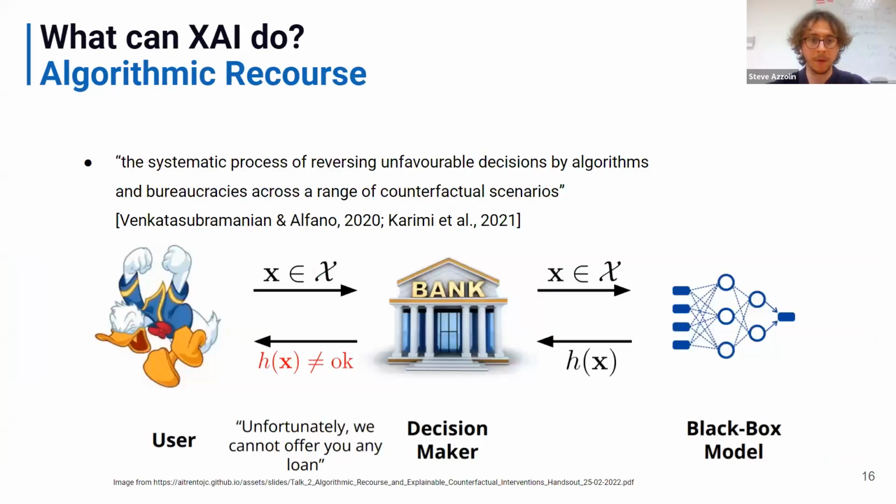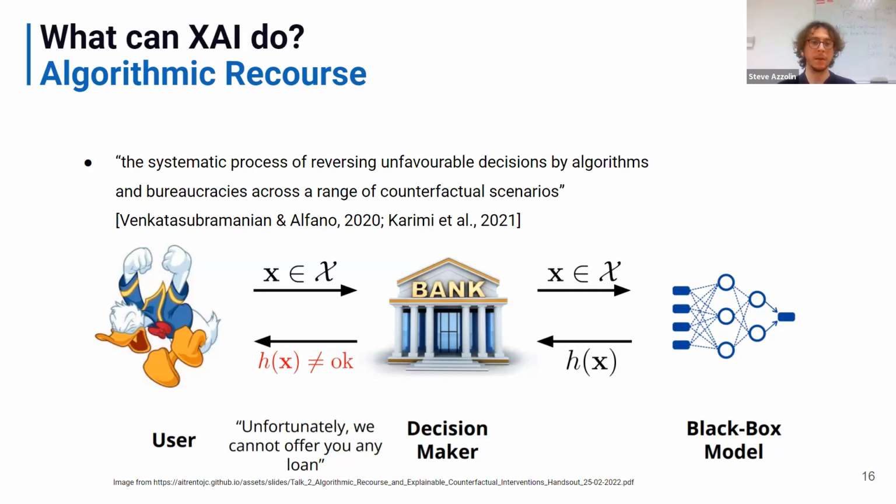Another possible use case is algorithmic recourse, which can be formally defined as the systematic process of reversing unfavorable decisions by algorithms across a range of counterfactual scenarios. So let's consider very briefly this example in which there is a decision maker which has to take a certain decision based on a black box model. You give your data, probably your personal data, and then, for example, the bank refuses your loan request, and maybe you get mad because they didn't really provide an explanation, since black box models are not explainable by themselves.